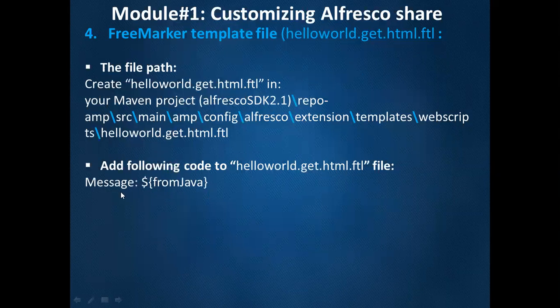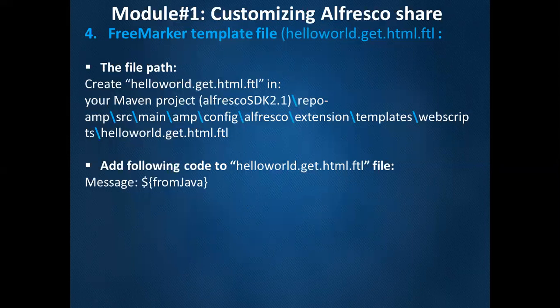So normally we will see "message" and after that "hello world", because that is the value of this K from Java. Okay, so this is our objective. We want to display this message. So let's see how it will work.